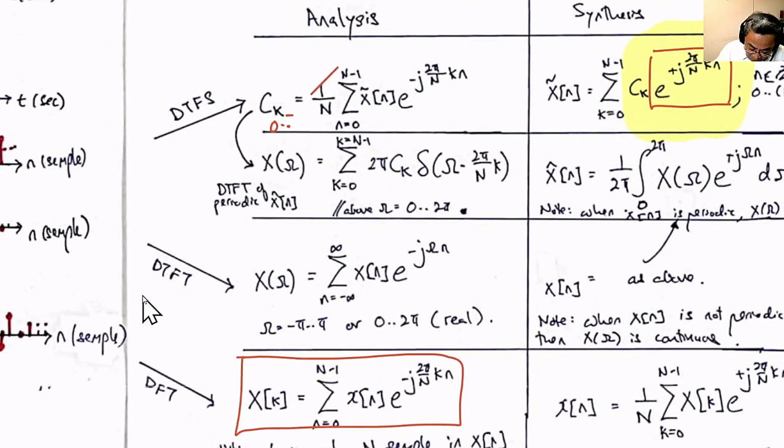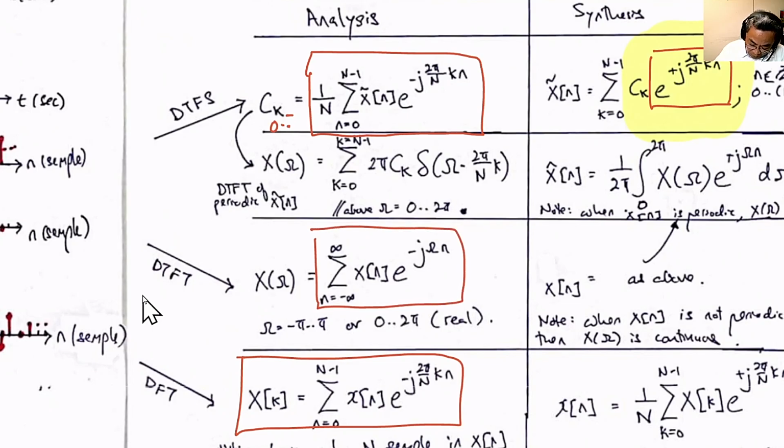This is the equation that we are interested in, which is the DTFS versus the DTFT. Notice that in our example only from 0 to 3 is x[n] non-zero, all ones.